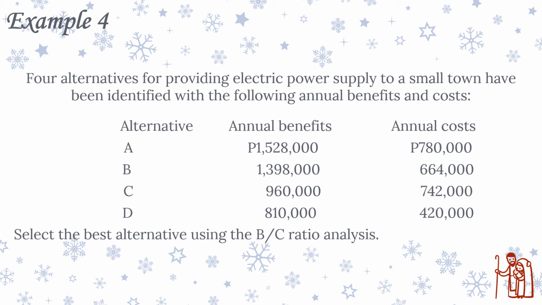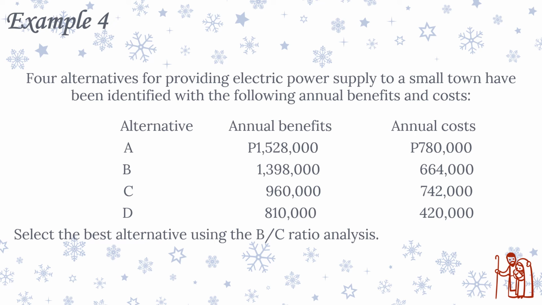This is the same as ROR on additional investment. You compare the alternatives one by one, and the one that is more economical than the other will prevail for the next comparison.